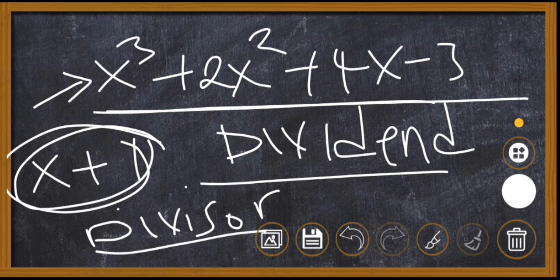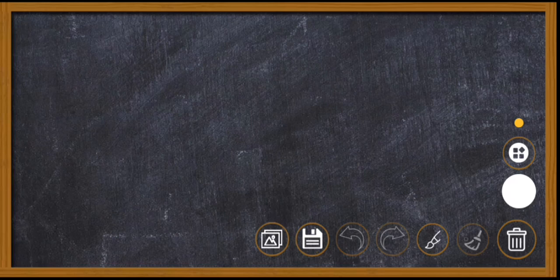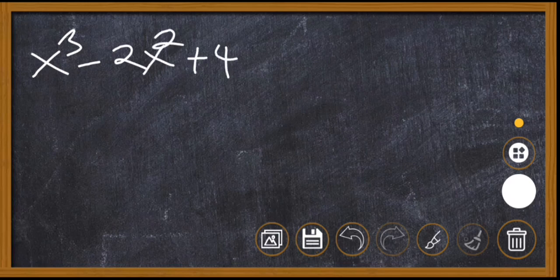So there are 3 methods we can use to divide a given divisor into a dividend. Let me begin with the first one. Let's say you have x power 3 minus 2x squared plus 4x minus 3. This is divided, let's say, by x minus 3.